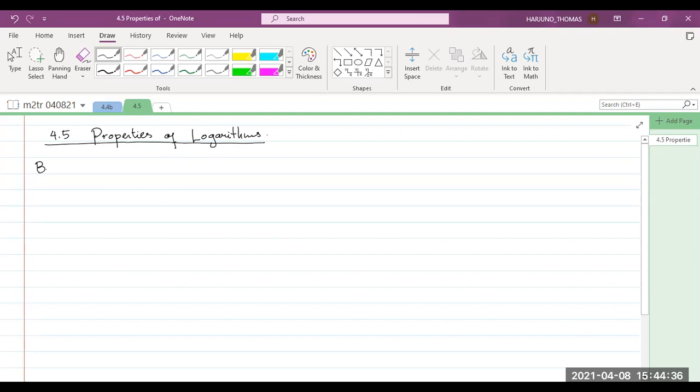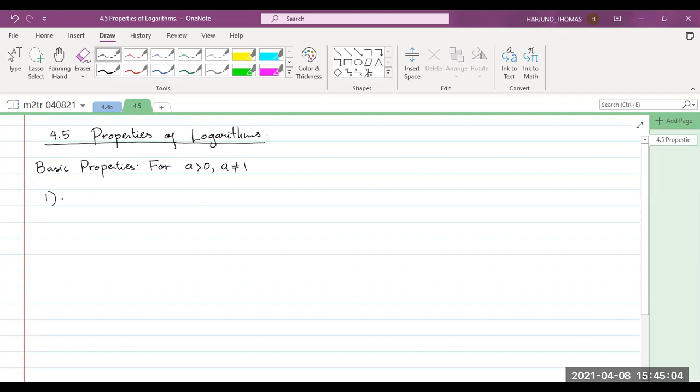As a reminder, basic properties. Oh, you know what? I need to say first, what is the base? For the base a, it has to be positive and not equal to 1.